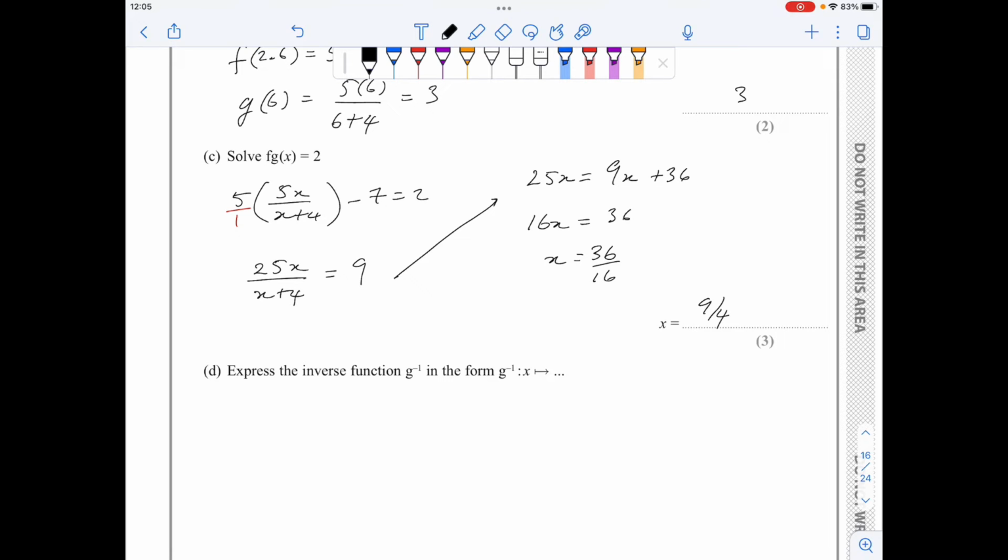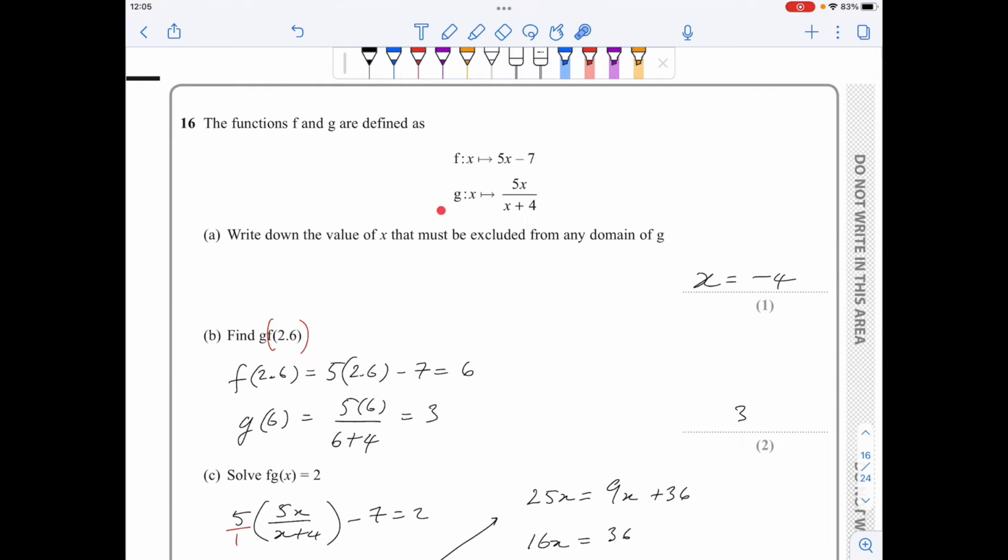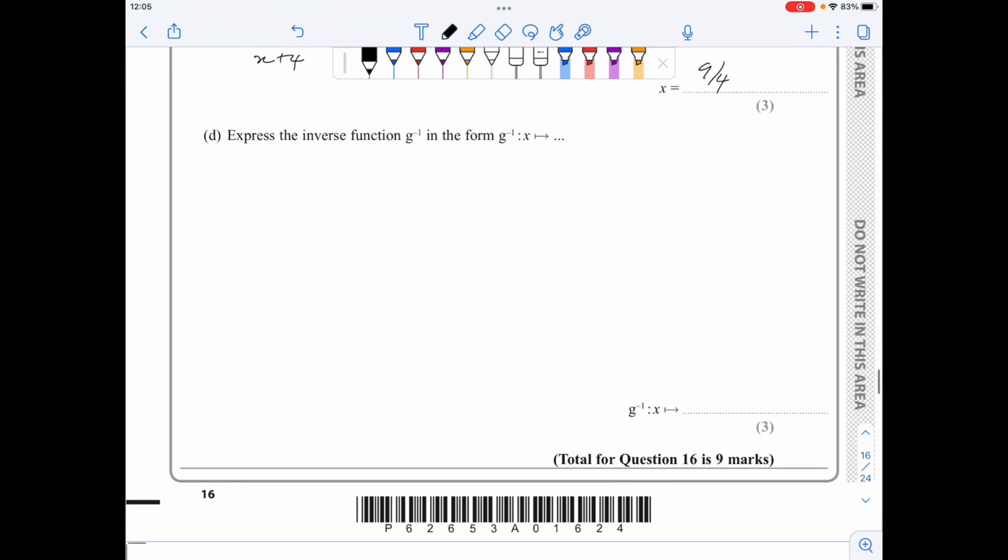In part D, I want to find the inverse of g. So take the g function, assume we've got y is equal to the right hand side. So y equals 5x over x plus 4. The inverse interchanges the roles of x and y, so I get x equals 5y over y plus 4. And now I'll need to make the new y the subject. I will cross multiply. xy plus 4x is equal to 5y.